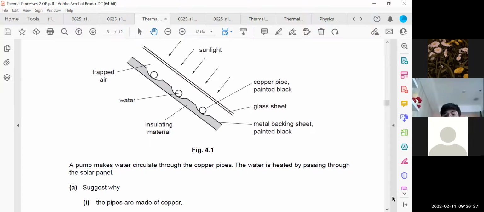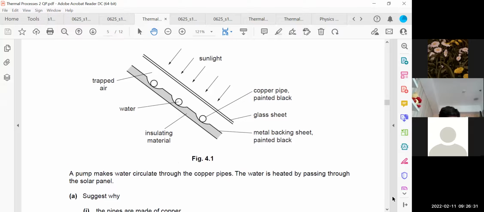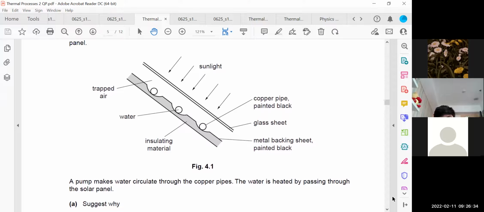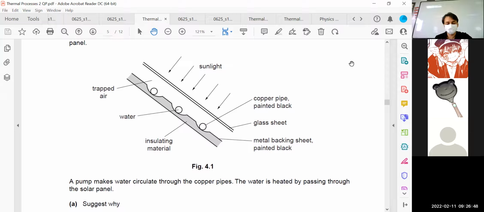The role of this glass sheet here? Sir, can it be like the hot air is trapped because of the glass sheet? Yeah, heat doesn't escape like that. Yes, Kezia, please continue. For that reason, the air just stays there and doesn't escape quickly because it's also insulated.